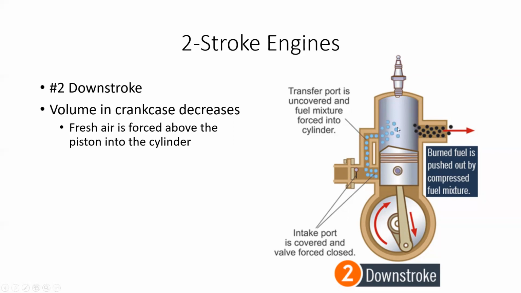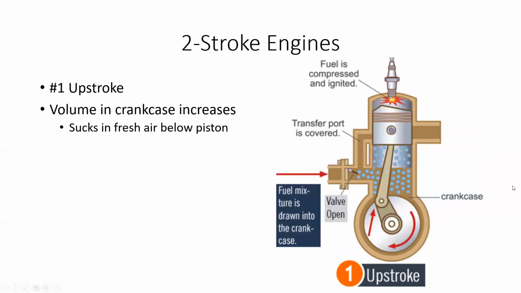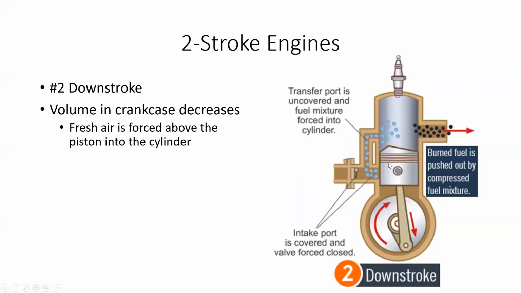So when the piston comes down, it brings the fuel and air back up to the top. Then as the piston comes back up, going back to number one, it is compressing the fuel and air up here, and then the ignition happens. The spark plug fires. But as it's compressing all that fuel and air, it is drawing more in, and then we go back to the downstroke, where as it comes down, it pushes it up around to the top, and we keep going like this.